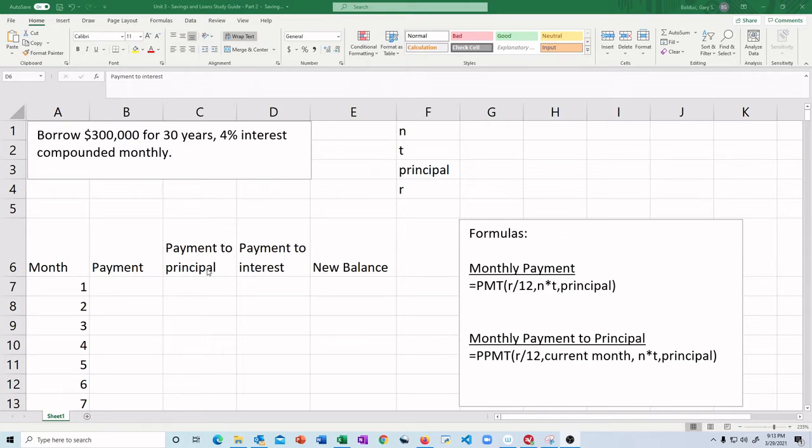But then it also helps us break down and understand how much of that payment is going towards actually paying off the loan versus paying interest, what the bank, if that's who gave us the loan, is putting on top, charging us to have the loan. So we've got to pay that off too. And then it will also keep track of the actual loan balance as we go through. And this is an important column that I'll talk about later, why it's so nice.